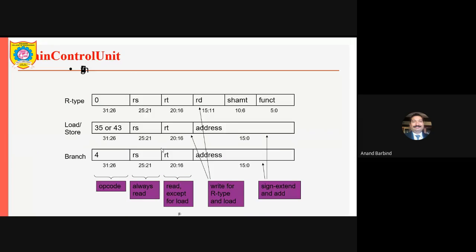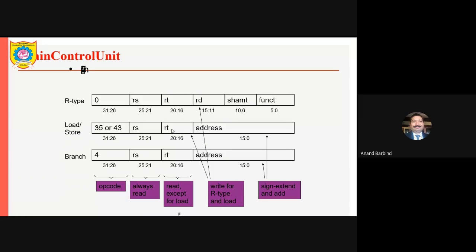So RT stands for the source register, whose data will be transferred to the data memory. So RT is either loaded with data in case of load, or its data is stored into the data memory in case of store. Okay, so that is in case of the load or store instruction.